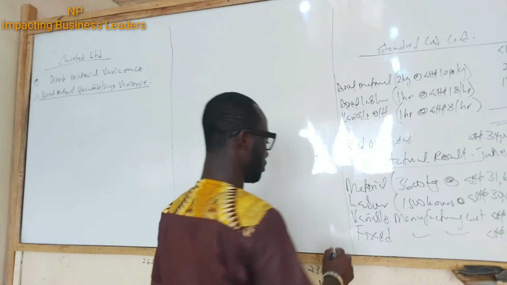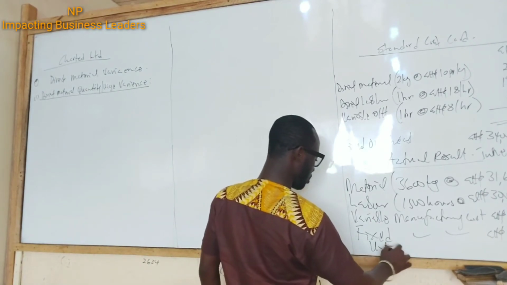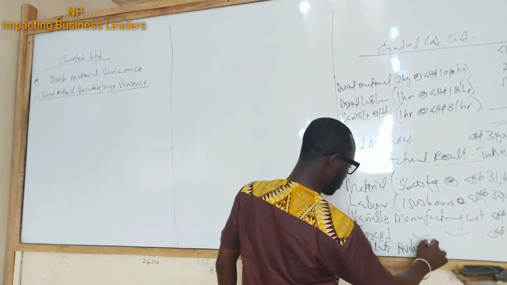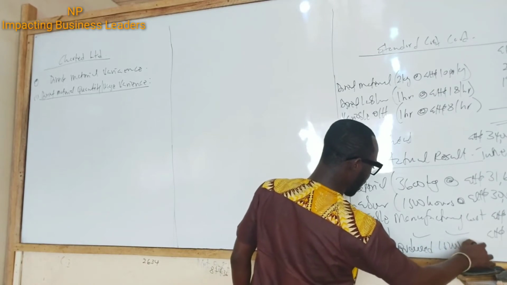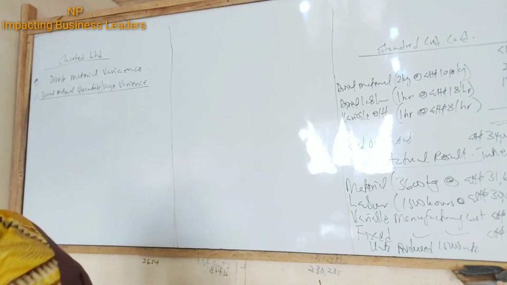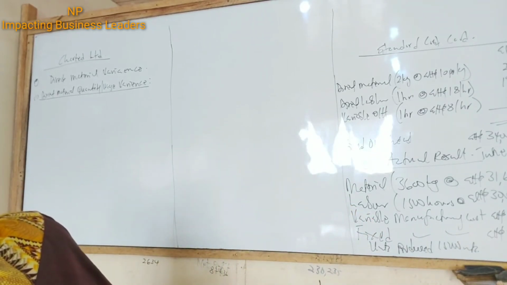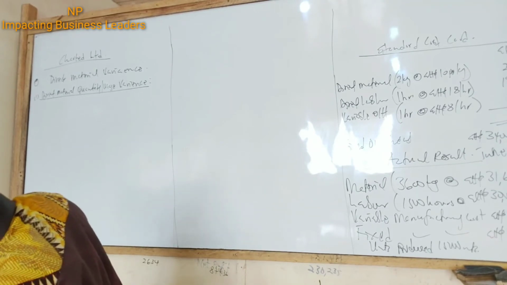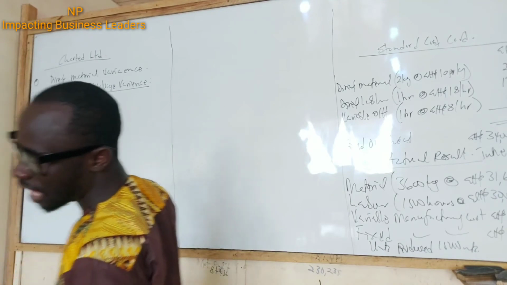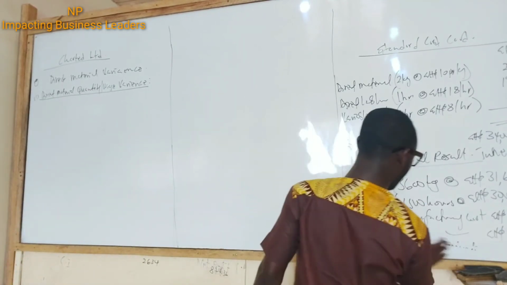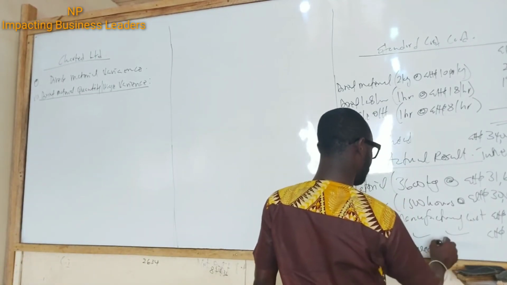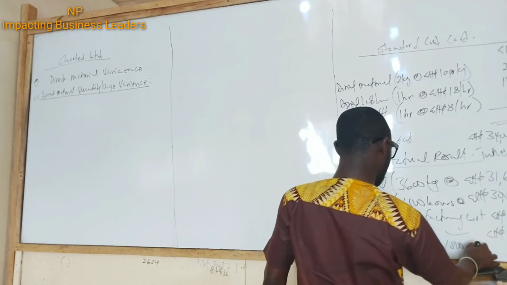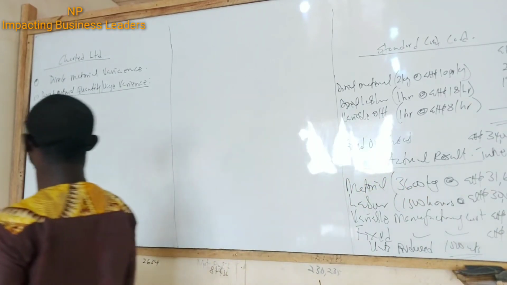Yes, 15,000 units. It says we used 3,600 kilograms of raw materials to manufacture 15,000 units. That's the actual units.